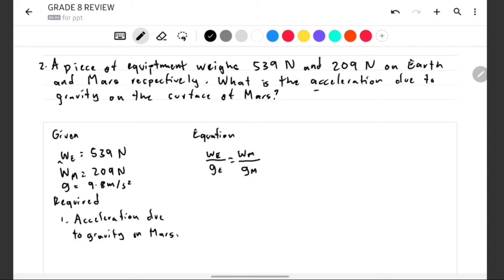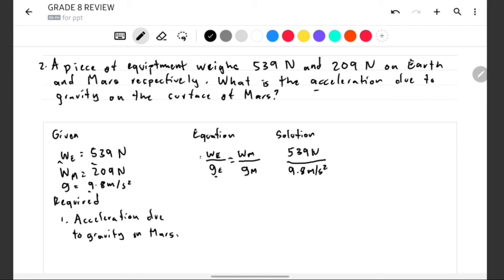So now, for solution, i-substitute lang natin yung mga given sa equation. So, what's the weight of the equipment on Earth, W_E? That's 539 newtons. How about the acceleration due to gravity here on Earth? That's 9.8 meters per second square.